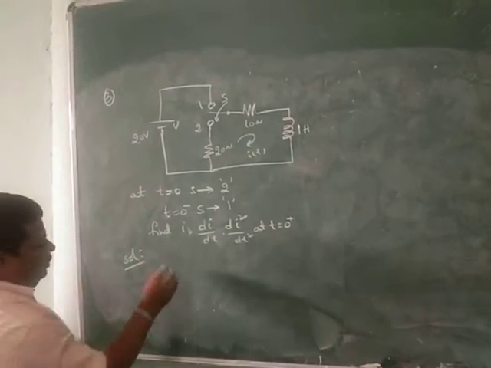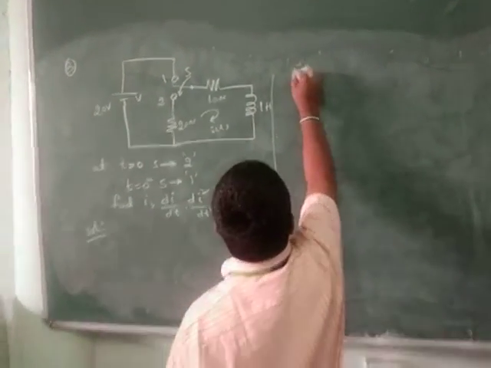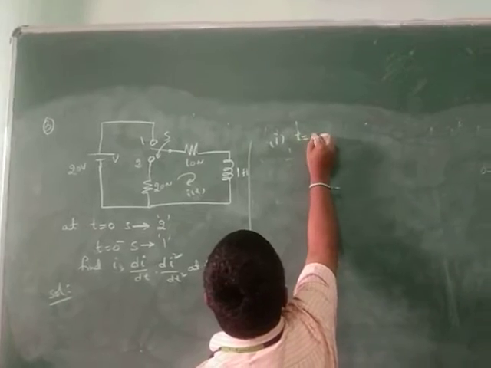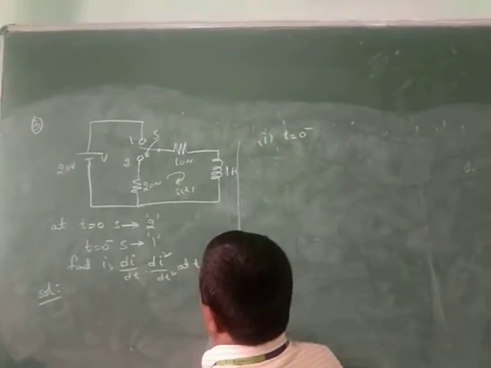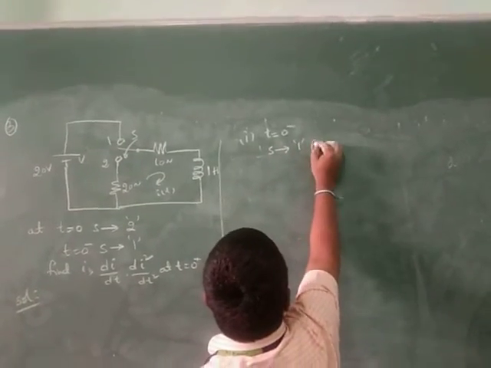Right. Now here, same as before, there are three cases, and the first one is t is equal to 0 minus. When t is equal to 0 minus, S is connected to position 1.